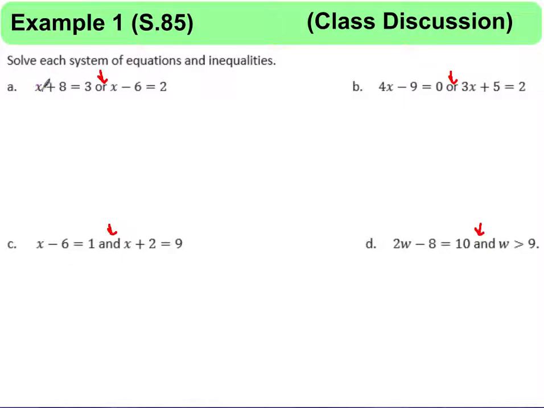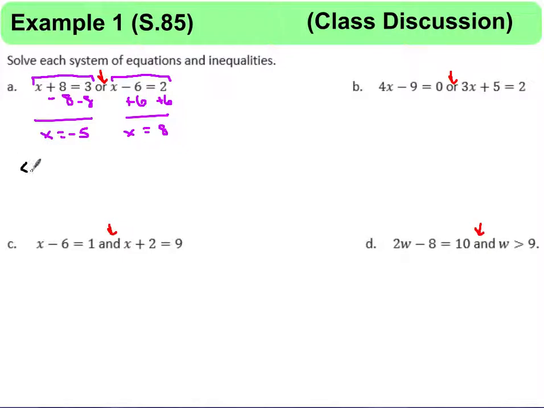It becomes two parts. You see a part right here, x plus 8 equals 3, and you have the second part right here, x minus 6 equals 2. If I just solved each one, I would subtract 8 on both sides of this equation, and x is going to equal negative 5. If I came over here, I would add 6 on both sides, and so x would equal 8. So x is equal to negative 5 or 8.